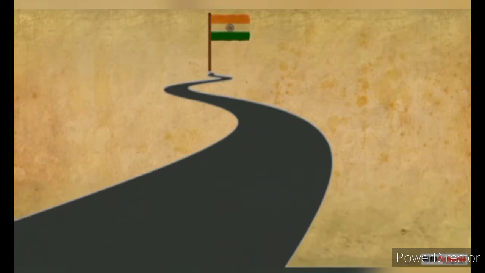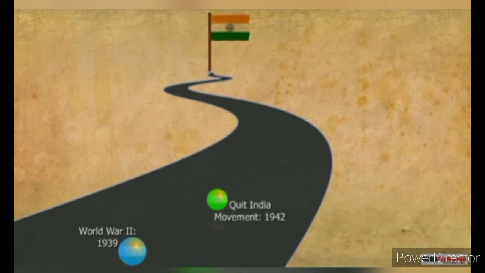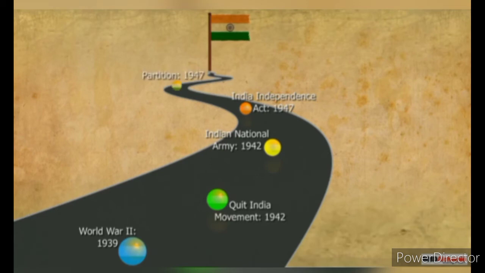These events can be listed as follows: World War II, Quit India movement, formation of Indian National Army, Indian Independence Act, partition in 1947.